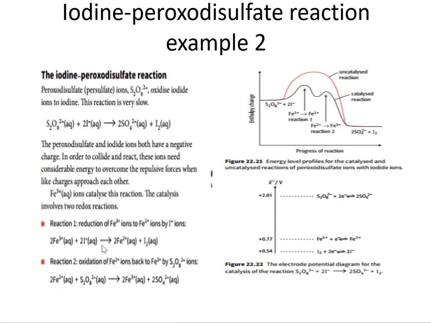The first reaction takes place where the iodide changes into iodine, and in the second reaction the iron 2 changes into iron 3, where your persulfate changes into sulfate ions. So the two-step reaction is shown by the two humps, where the catalyst is catalyzing the different parts of the reaction, and in the end we are getting the products, that is sulfate and iodine. So this is how this particular reaction can be depicted in the form of an energy profile diagram, right?